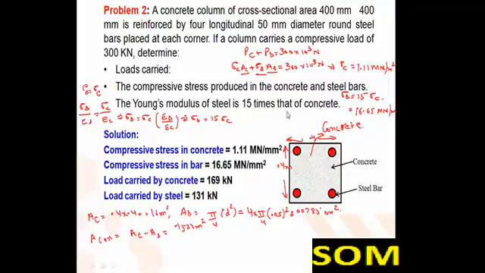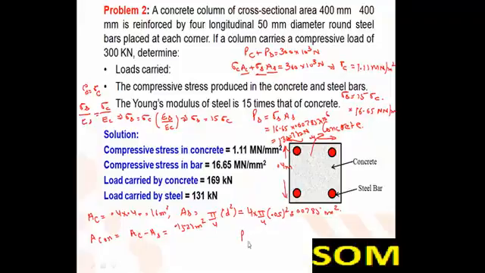Now next is to compute the load carried by the steel bar. Load carried by the steel bar is P S equal to sigma s AS. Sigma s is 16.65, area of steel bar is 0.00785, into 10 to the 6 meganewton per meter square. The load comes out to be kilonewton.